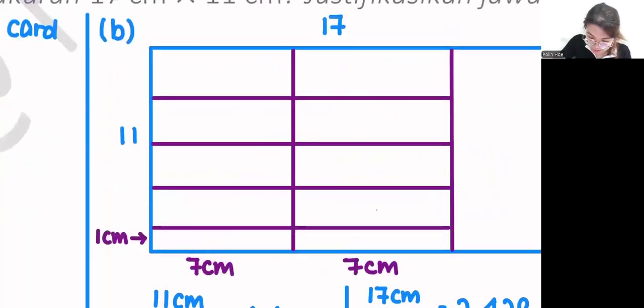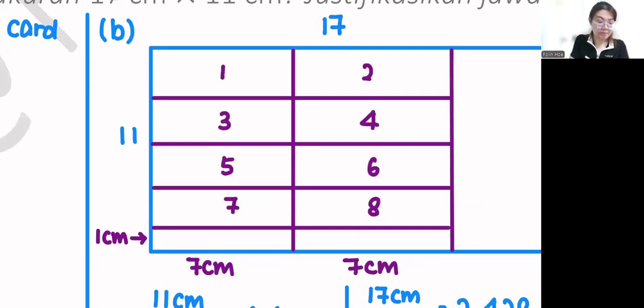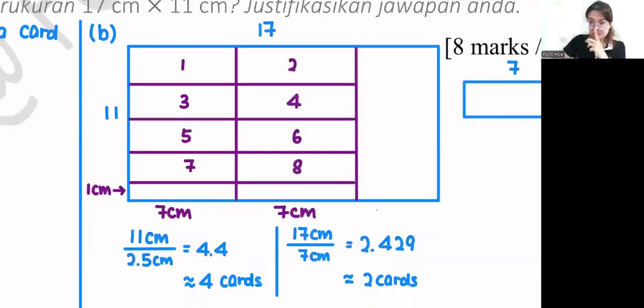I will have 1, 2, 3, 4, 5, 6, 7, and 8. I have 8 cards on this side. However, there are still some left over here. Don't waste lah. The right hand side still got left over. This part.